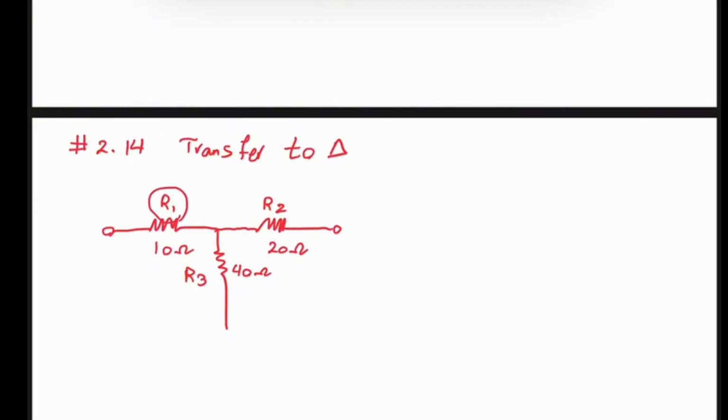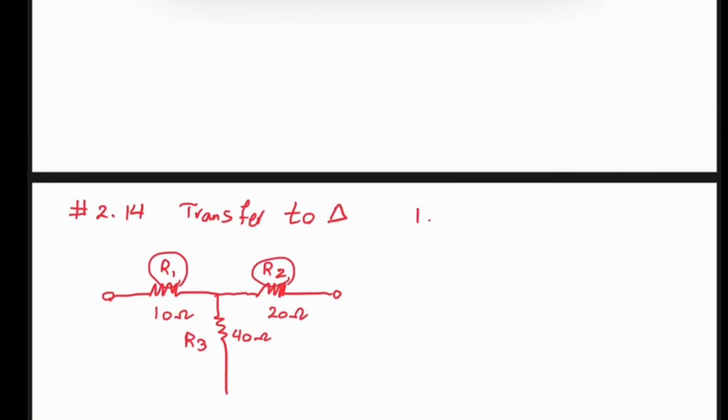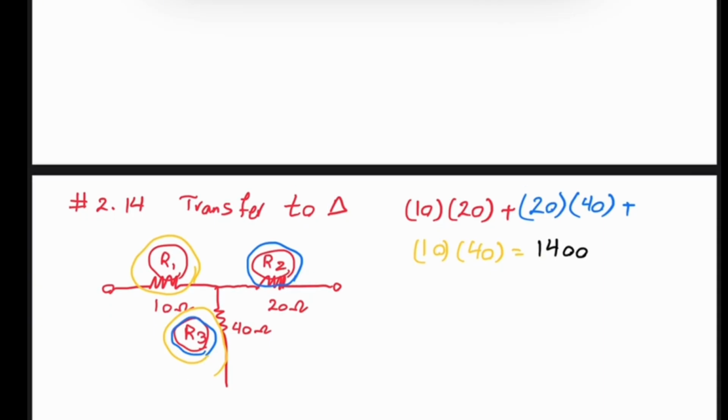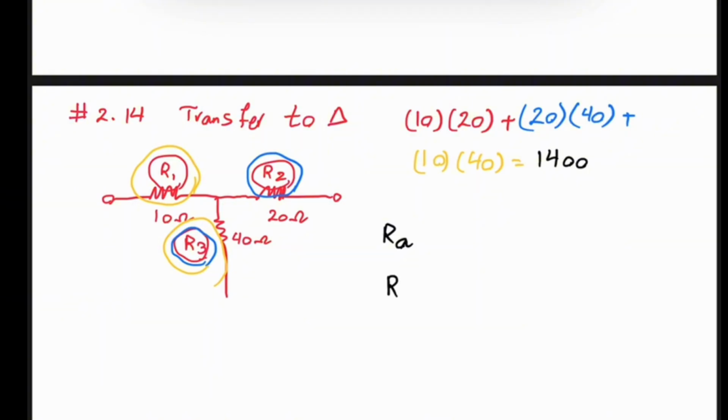So one is R1 times R2, which is 10 times 20, plus R2 times R3, which is 20 times 40, plus R1 times R3, which is 10 times 40. In that case this is equal to 1400.